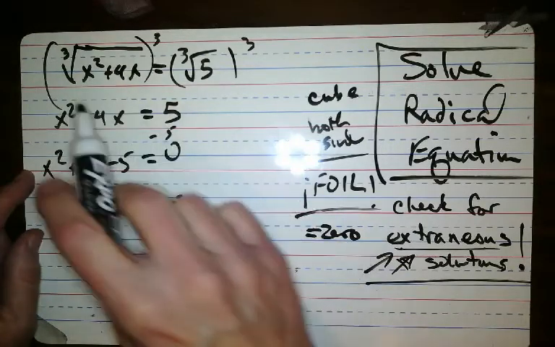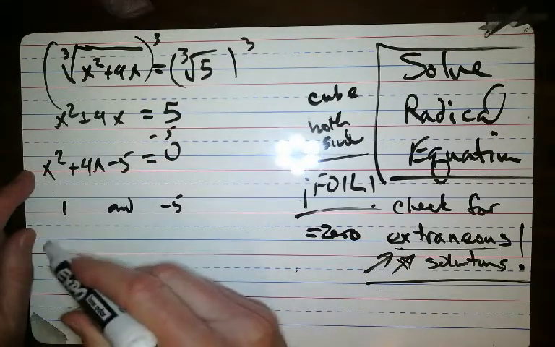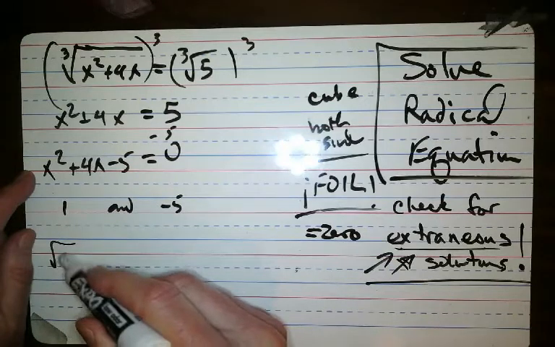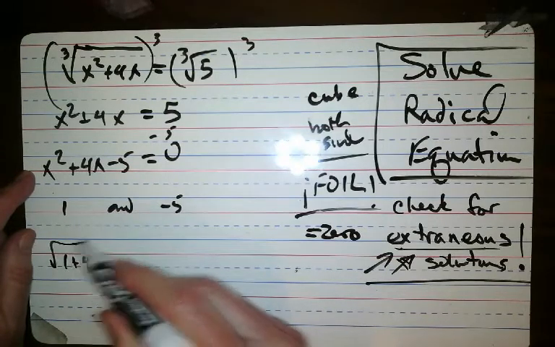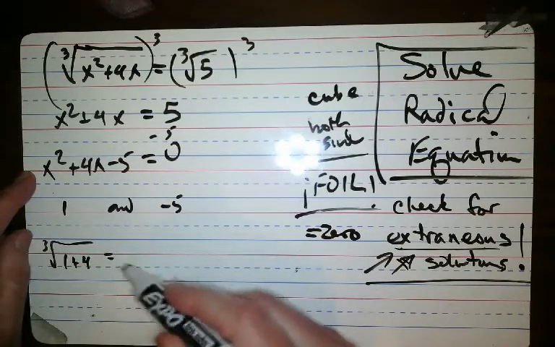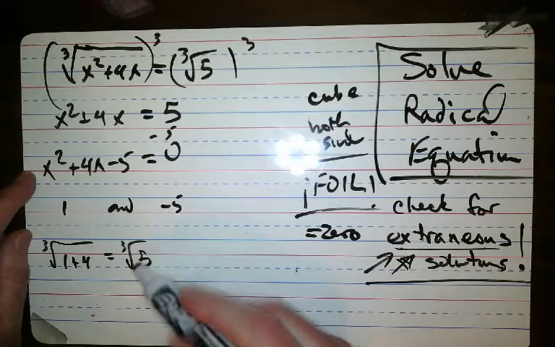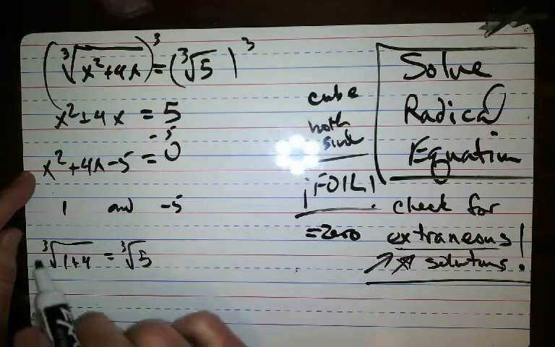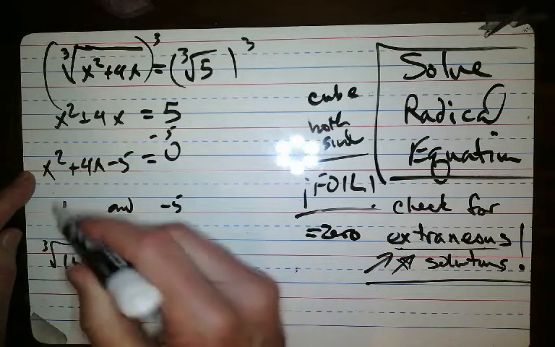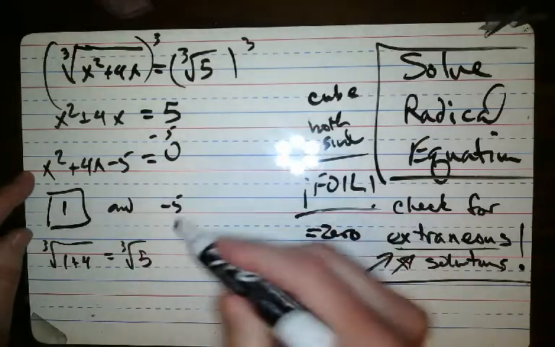Let's check it. In the original problem, the cube root of 1 squared plus 4 equals the cube root of 5. Yep, I think so. That works. So 1 definitely works. Okay, how about -5?